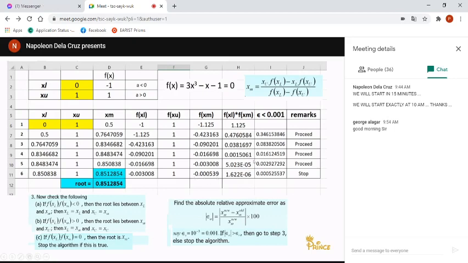Okay? Why did we stop? Because there is a condition that when it is less than 0.001, we will stop.